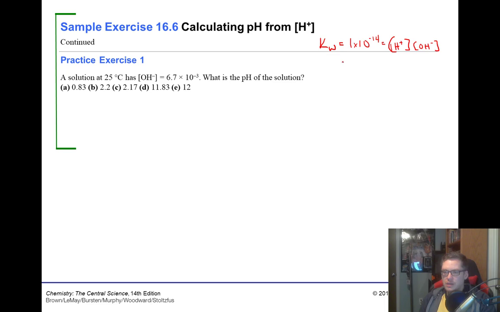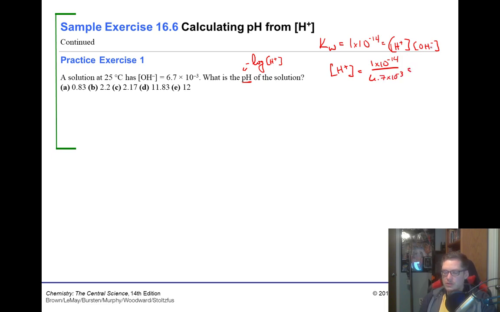So to get the pH, we need the concentration of H plus, because the pH is going to be equal to the negative log of the concentration of H plus. So our H plus concentration is equal to 1 times 10 to the minus 14th divided by our concentration of hydroxide, which is 6.7 times 10 to the minus third.